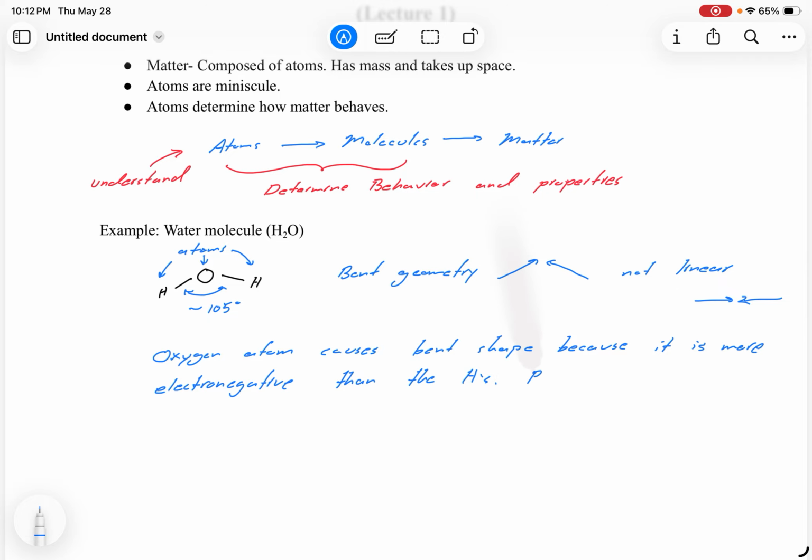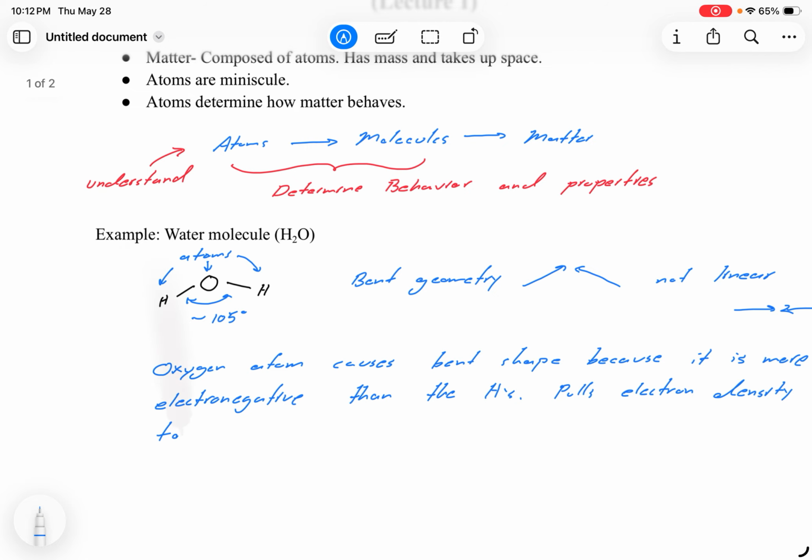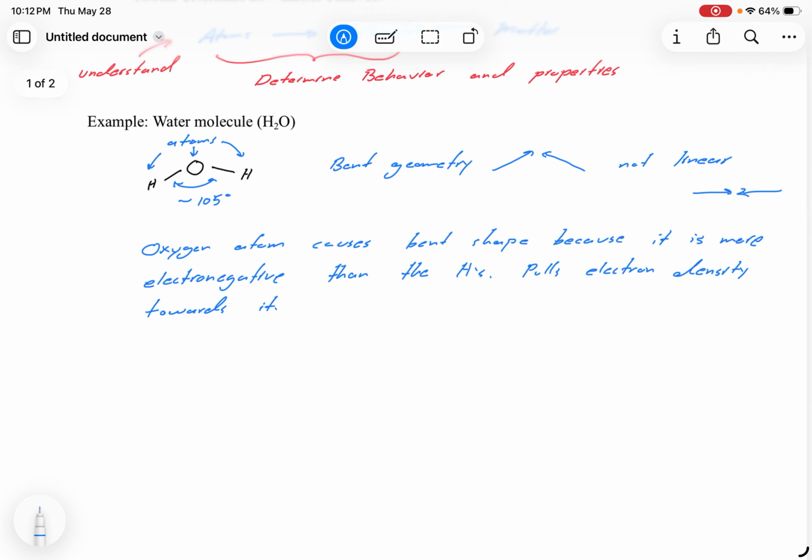So this pulls electron density towards it. Right? So let us draw it again and see what I mean by that.